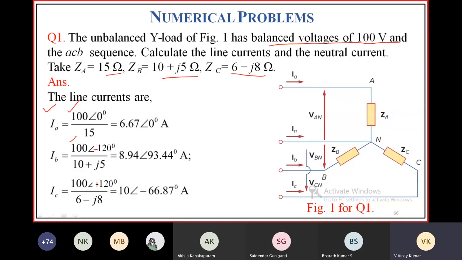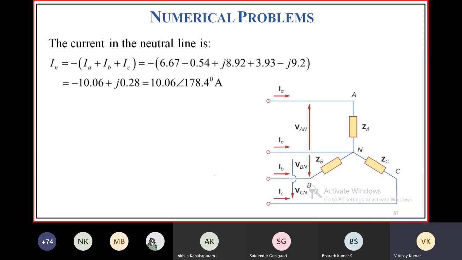You can find total current: IN is equal to minus of IA plus IB plus IC.